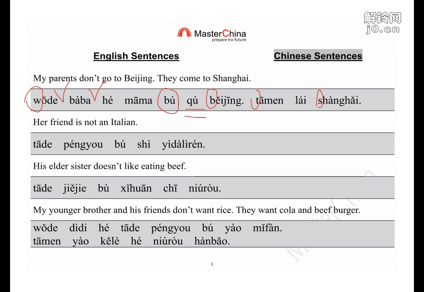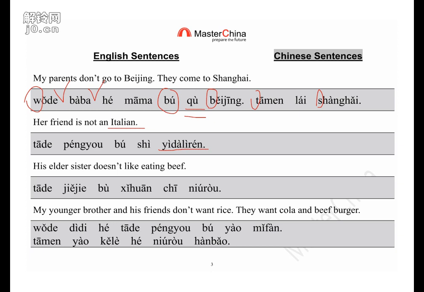Okay, now let's check the rest of the sentences. 他的朋友不是意大利人。So Italian. Of course we call Italy people. You see, I put the 人 and the 意大利 together, no space between them, because this is like one word. It's one concept.